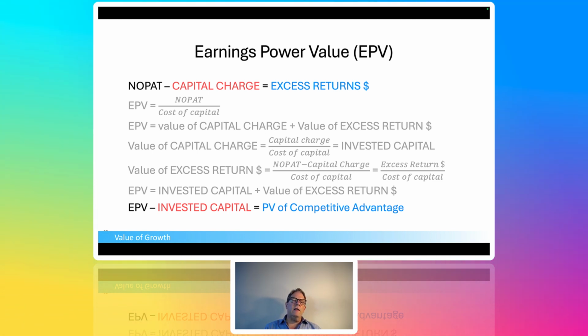So we can just think of it in two different forms. Now we have two layers. We have the invested capital, the capital invested in the business, and it should be worth what it's worth. And then, if there are excess returns, the value of those excess returns indicates that the company has a sustainable competitive advantage. So we refer to that as the present value of competitive advantage.